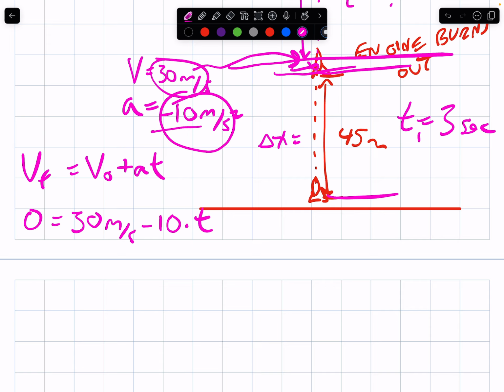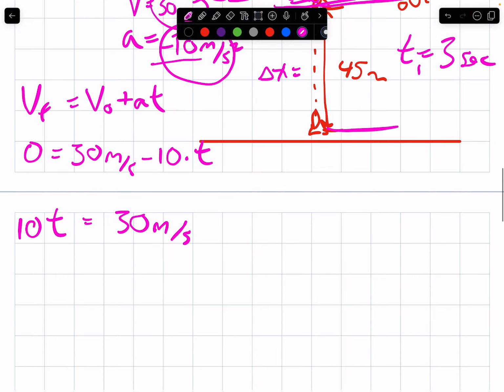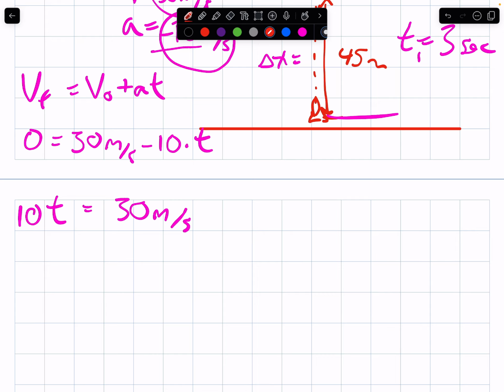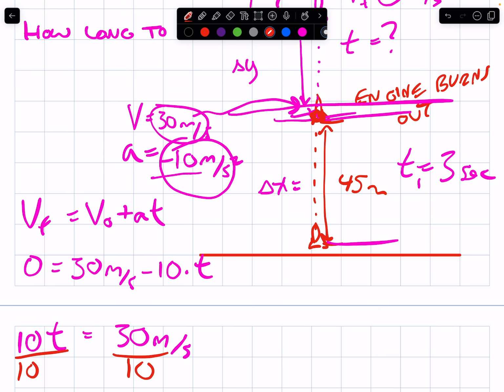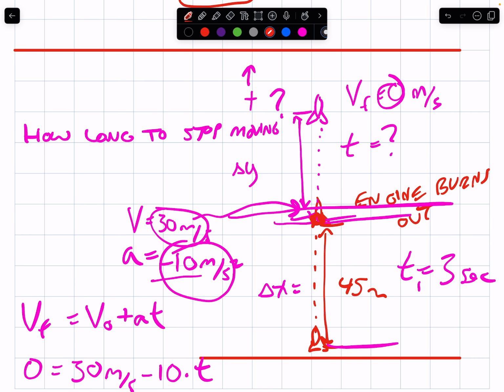To solve this equation for t, move the 10t to the left side. So 10t is 30 meters per second. To get the t by itself, divide both sides by 10. So 10 over 10 is 1, and t is 30 divided by 10, which is 3 seconds, so another 3 seconds. So it takes 3 seconds to get to this position, then when the engine burns out, another 3 seconds to stop moving up.